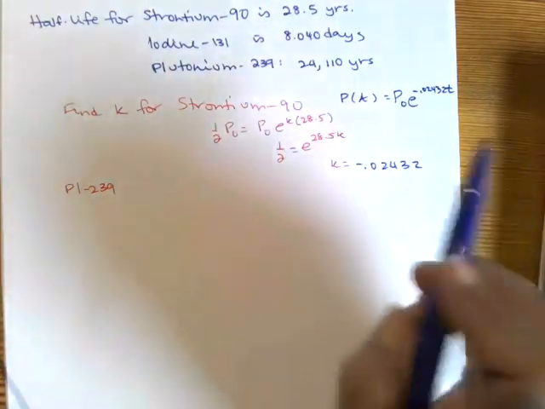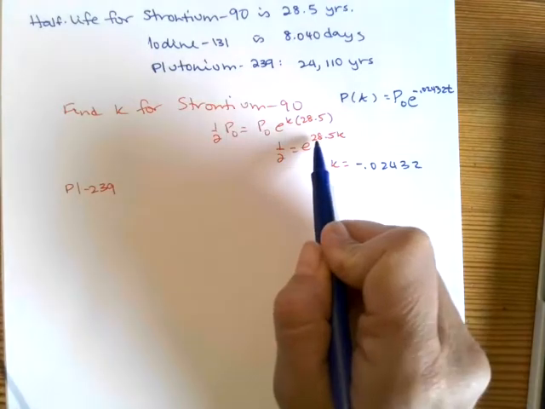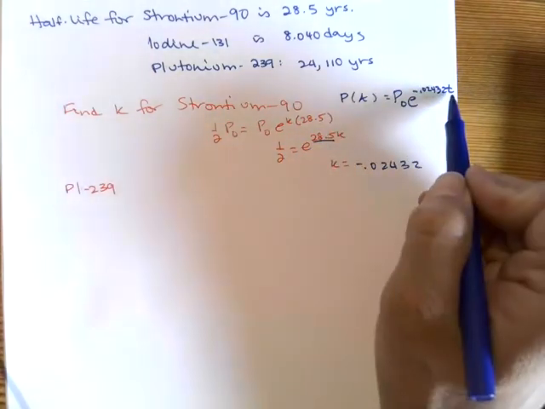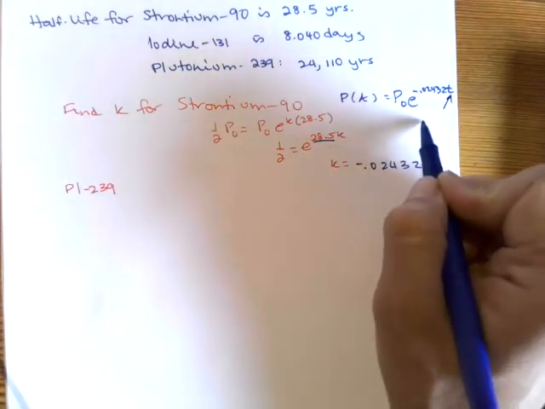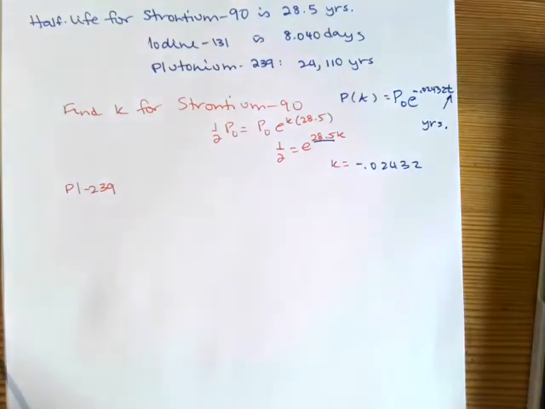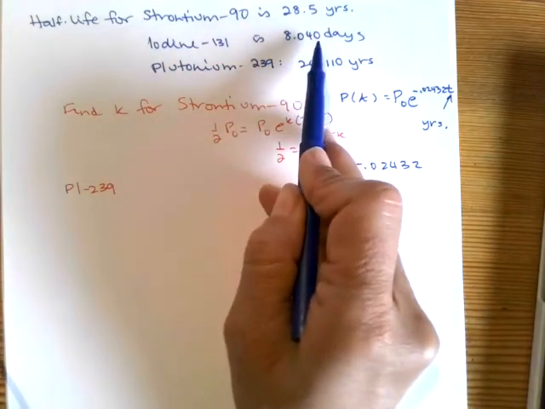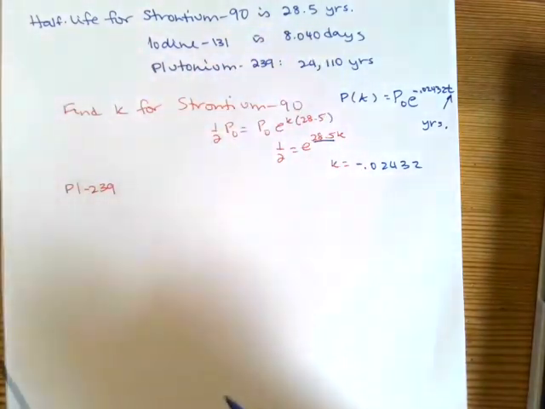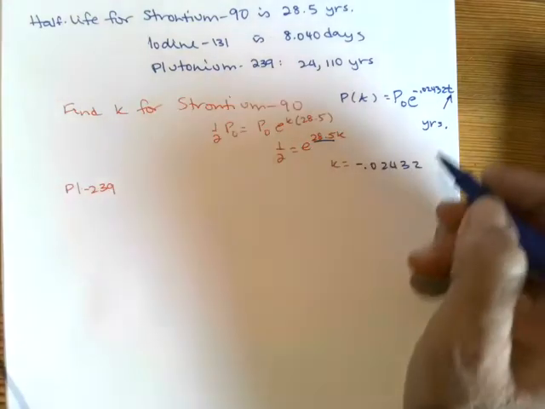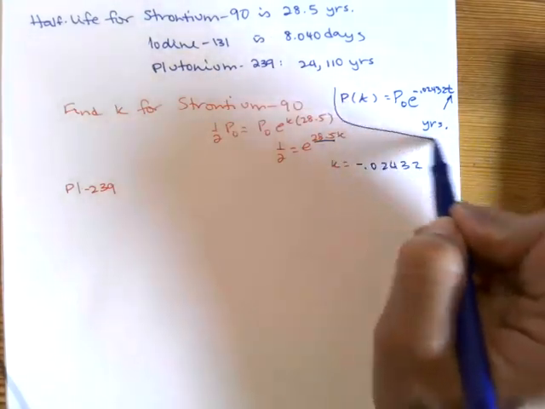Oh gosh, so let's pay attention to that. Since this time that I put in is in years, this t is also in years. You do need to pay attention to that. So if we did it for iodine-131, since our half-life is given in days, that t would also have to be in days. So this is in years.